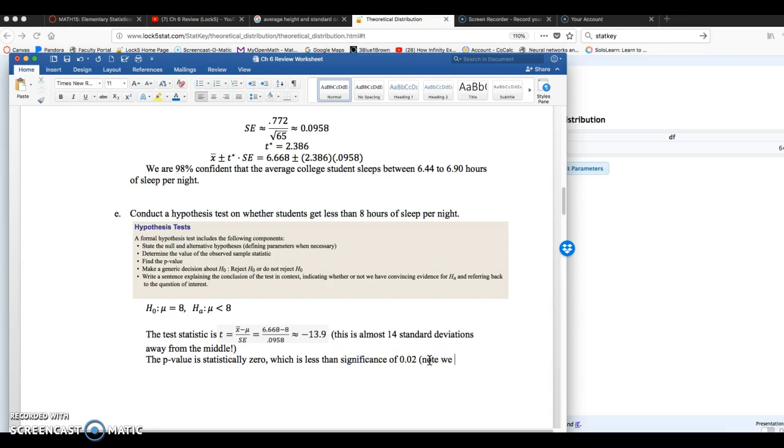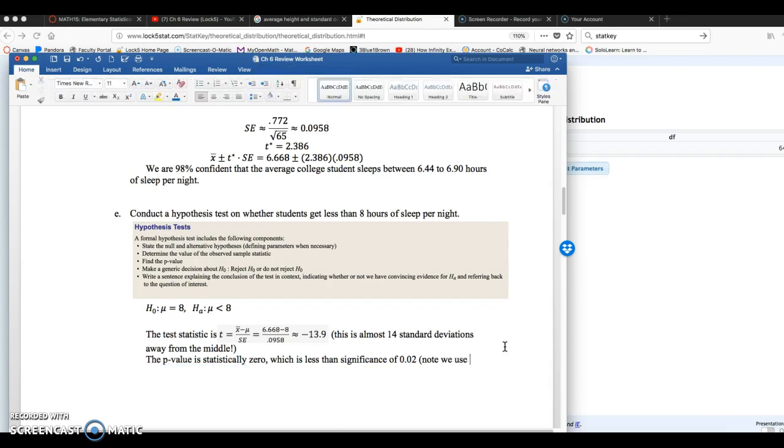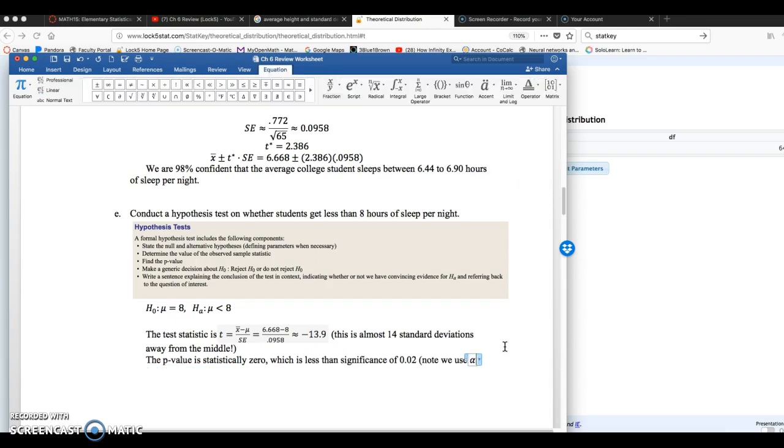Just a note, we use a significance alpha of 0.02.